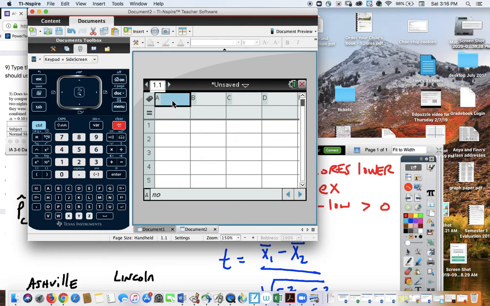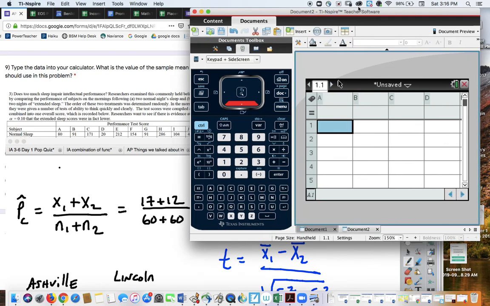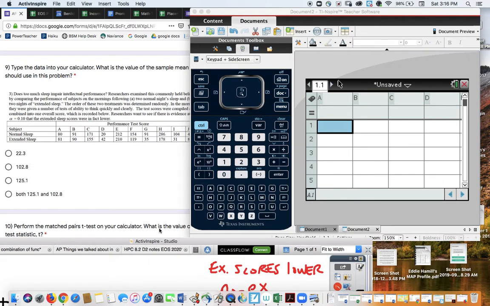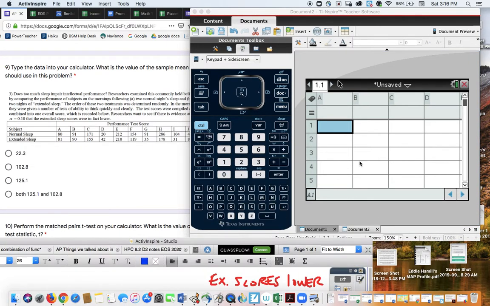Yeah, it doesn't recognize it, so I'm going to have to retype everything in. Fun. Okay, I'm sorry. I tried to have it preloaded.